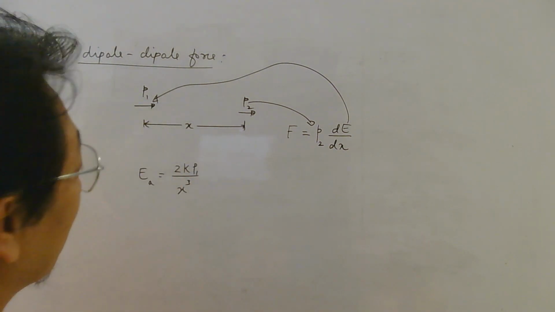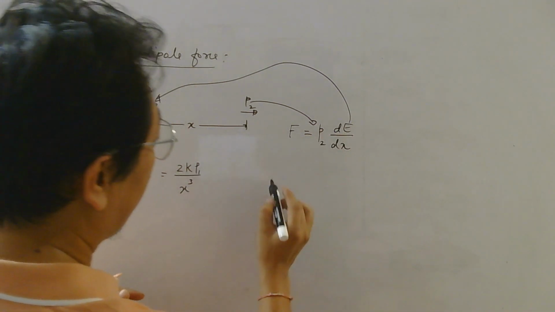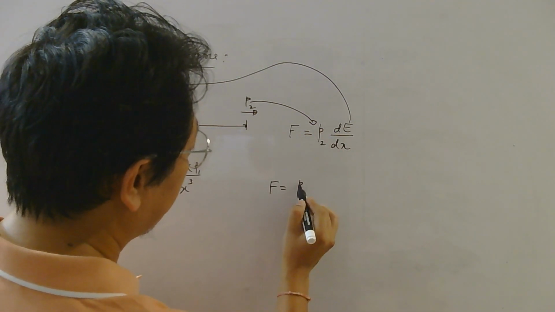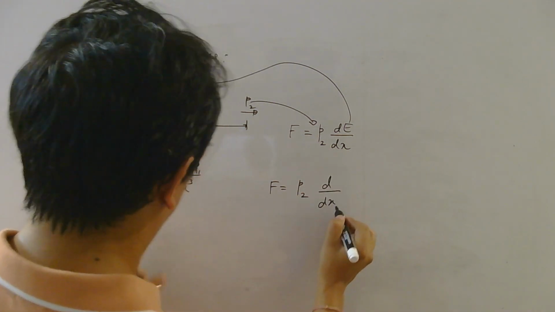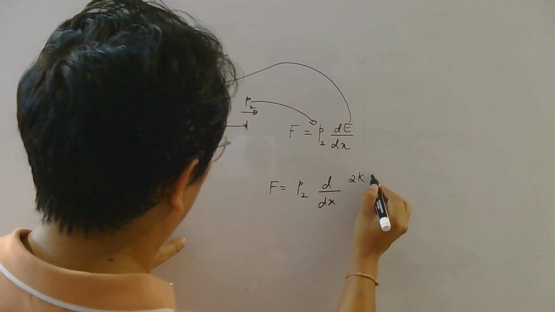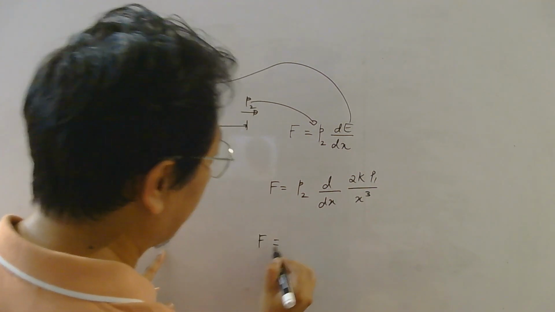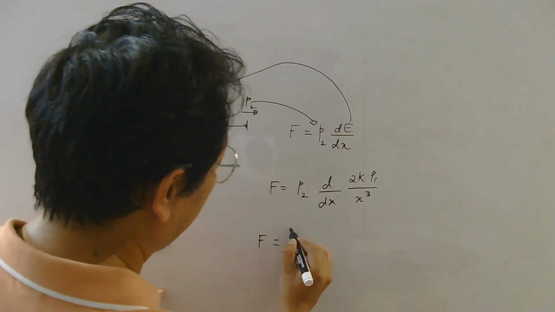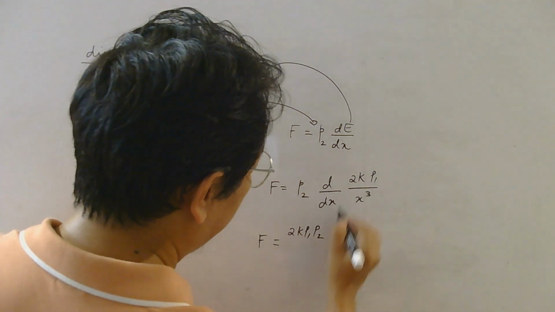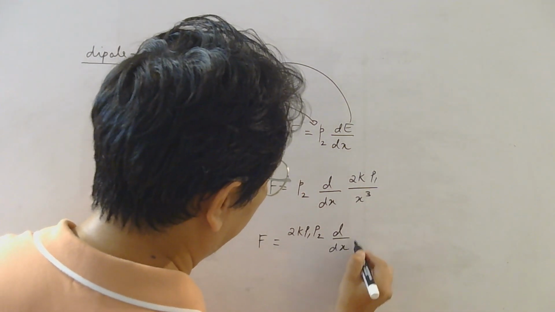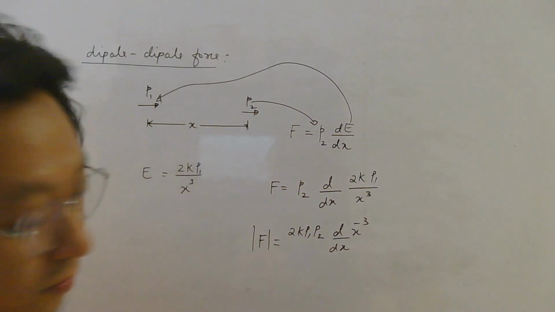Okay, P1. So now to find the force, we just need to substitute this E here and take the differentiation, right? So P2 will come here, and the differentiation of the electric field 2kp1 by x cube. Now constants you can take outside, 2kp1. So 2kp1 p2, differentiation of x power minus 3. Now remember, I want only the magnitude of the force.